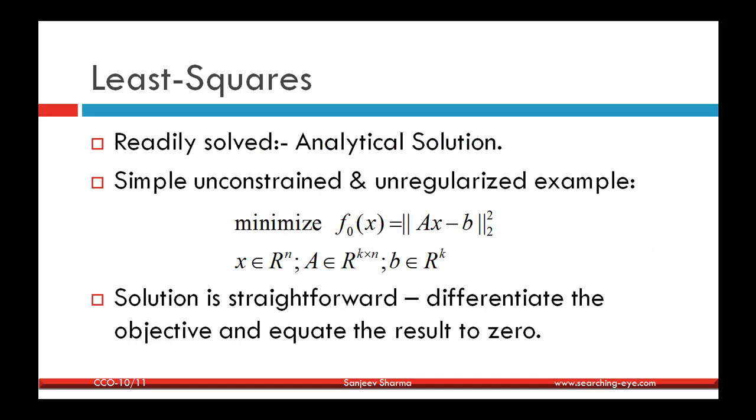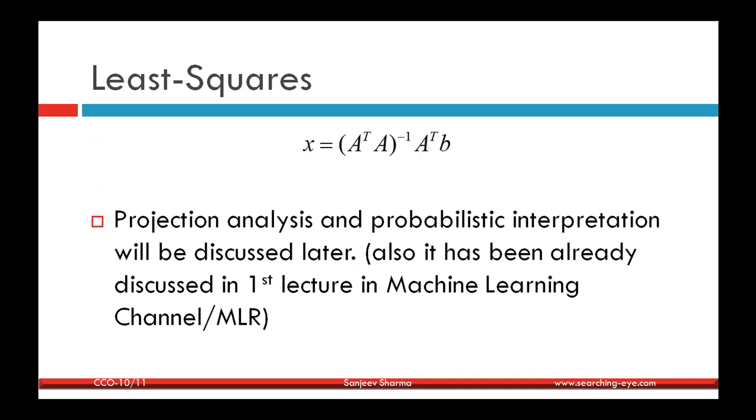We will discuss the derivation of least squares problems, and we will analyze least squares in much more detail in later presentations. So this is the analytical solution, given as (A transpose A) inverse A transpose b. In general, there is no analytical solution to optimization problems, but least squares is a special case and has an analytical solution.